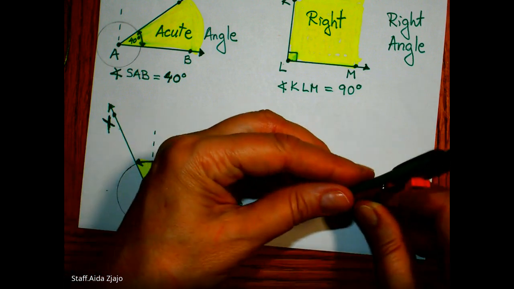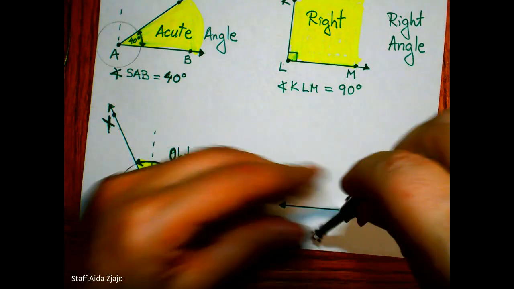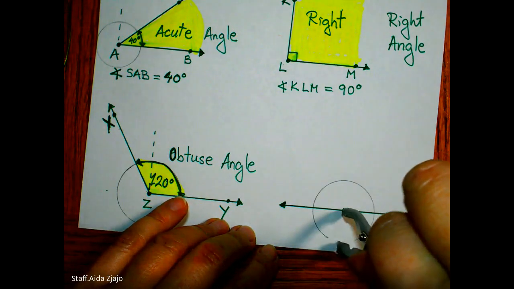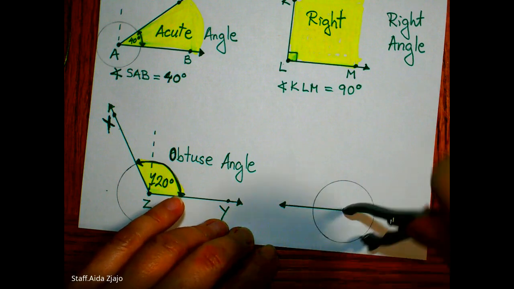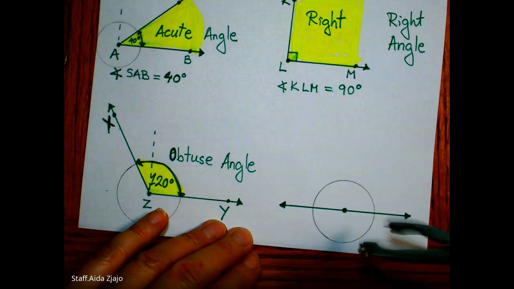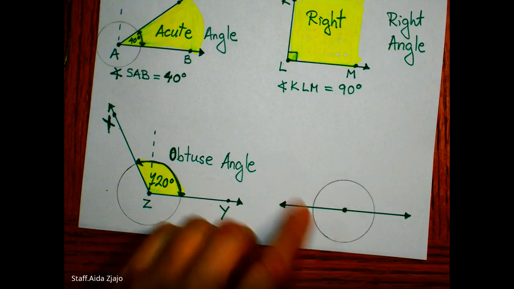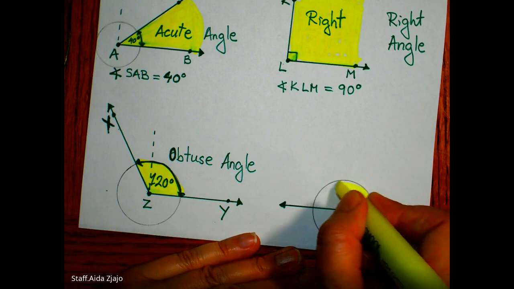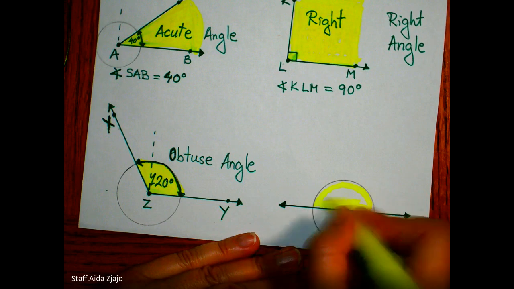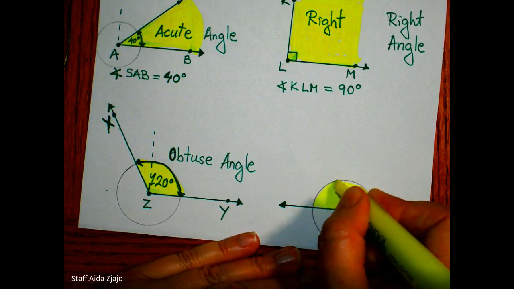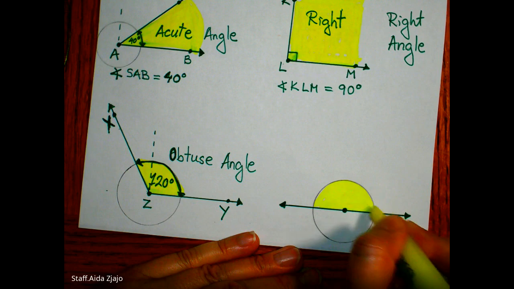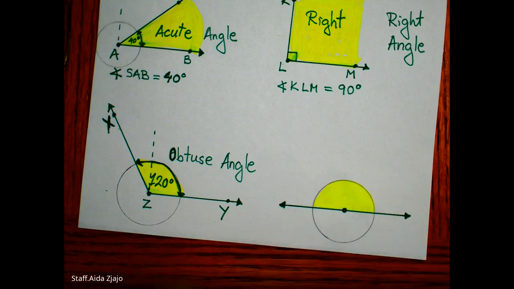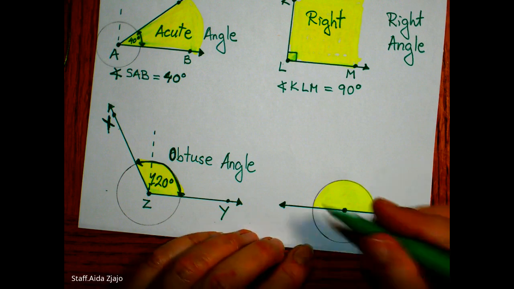If I take my compass and make the circle around my center, it can show you that the straight angle goes from this point all the way to the next, and it practically takes half the circle. And that is a straight angle.